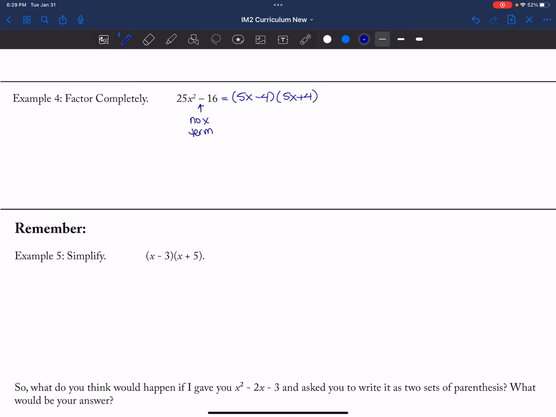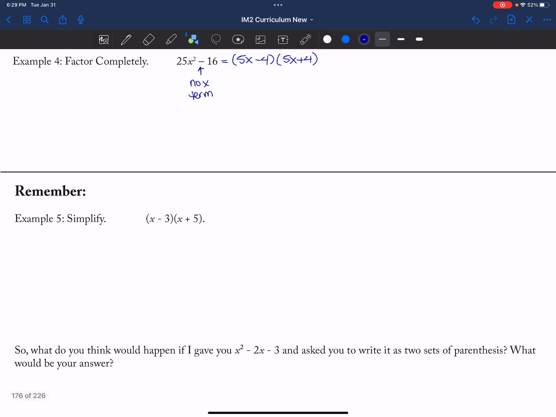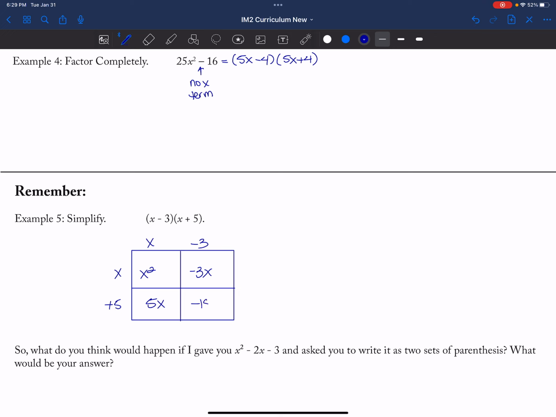Now remember back in the last unit, we did multiplying things that were a little bit different, right? We did x minus 3 and x plus 5. So I have x squared minus 3x plus 5x minus 15.